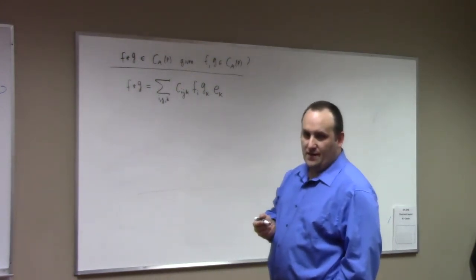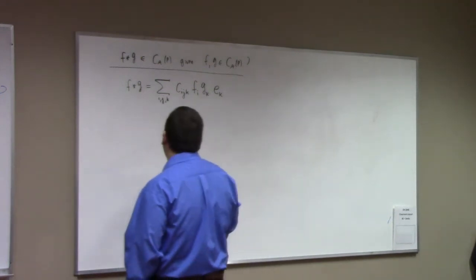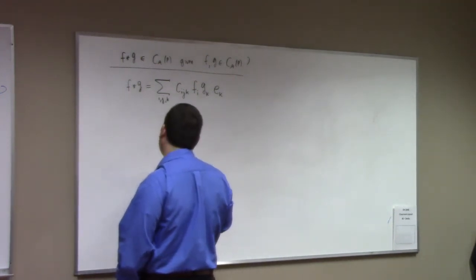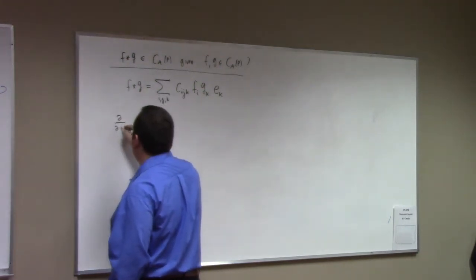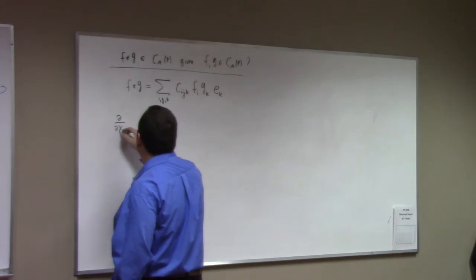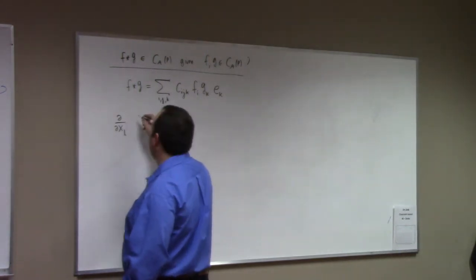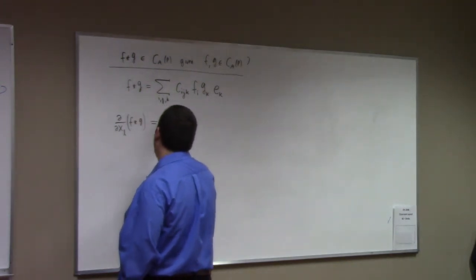So what does the differential look like? You can calculate the ith, let's say the lth partial derivative of this. What's that look like?